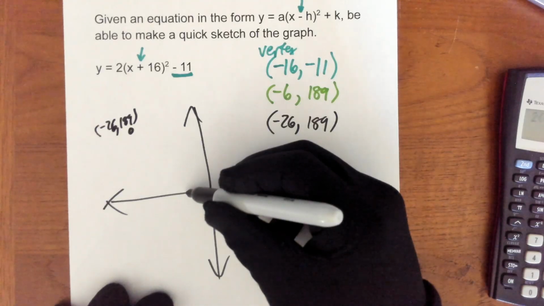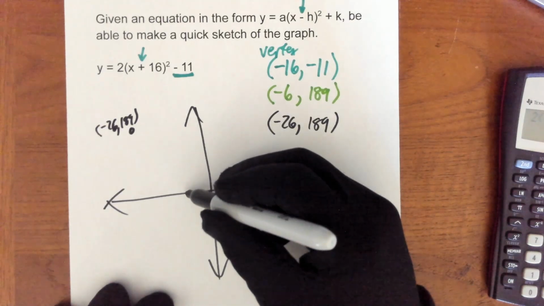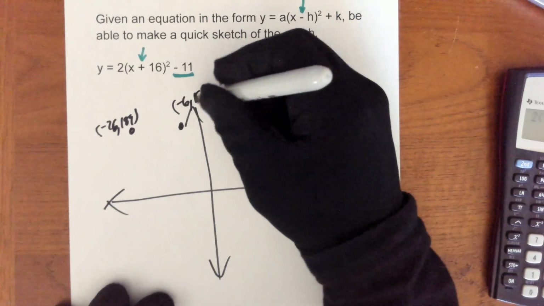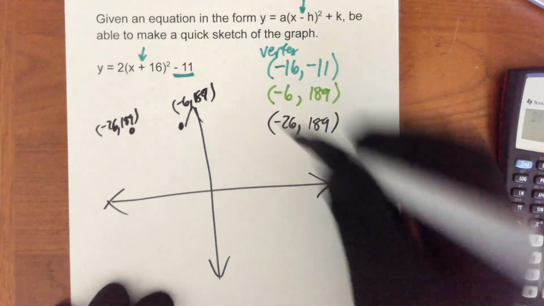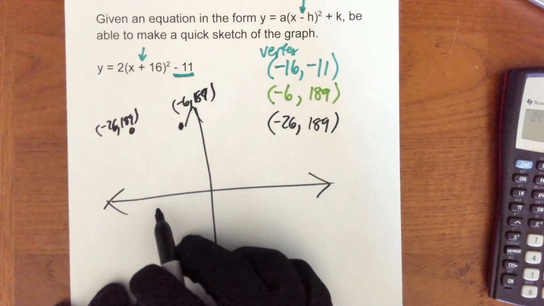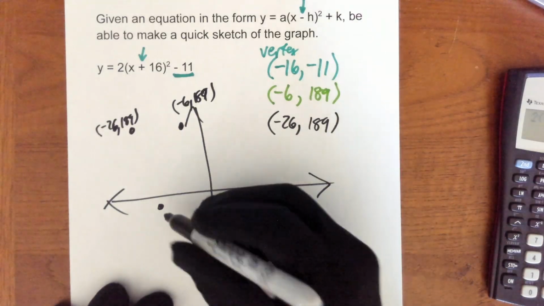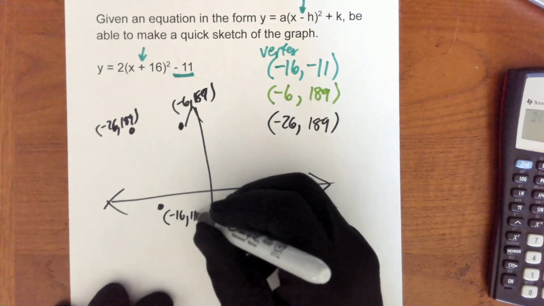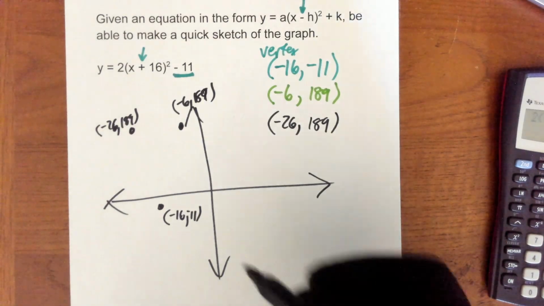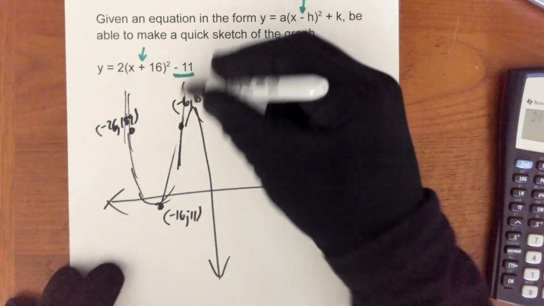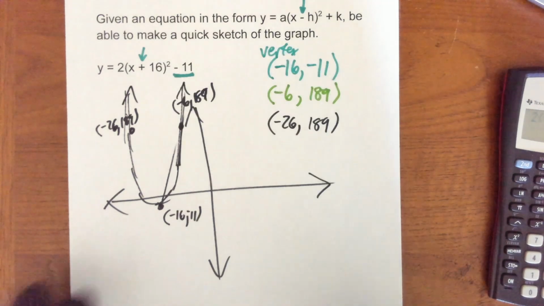Negative 6 is about there. And negative 16 would be halfway between them and a little bit below the axis, negative 11. Smooth curve, as smooth as we can make it.